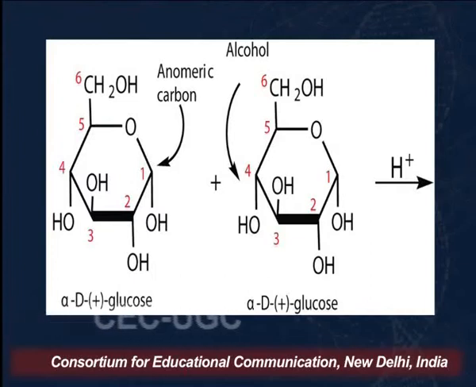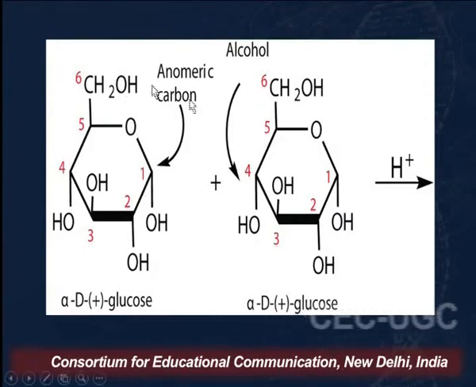I shall not be going into the details of the mechanism. We have already discussed this in one of my previous lectures, where we discussed the formation of acetals by reaction between a glucose molecule and a methanol molecule in acidic medium. So you can refer to that. But here I would be emphasizing which OH and which H will be eliminated as a water molecule.